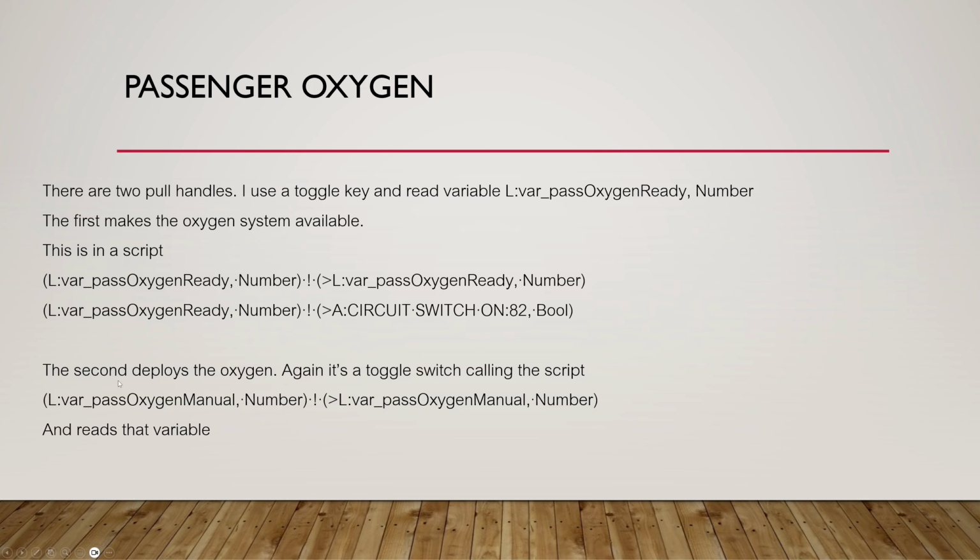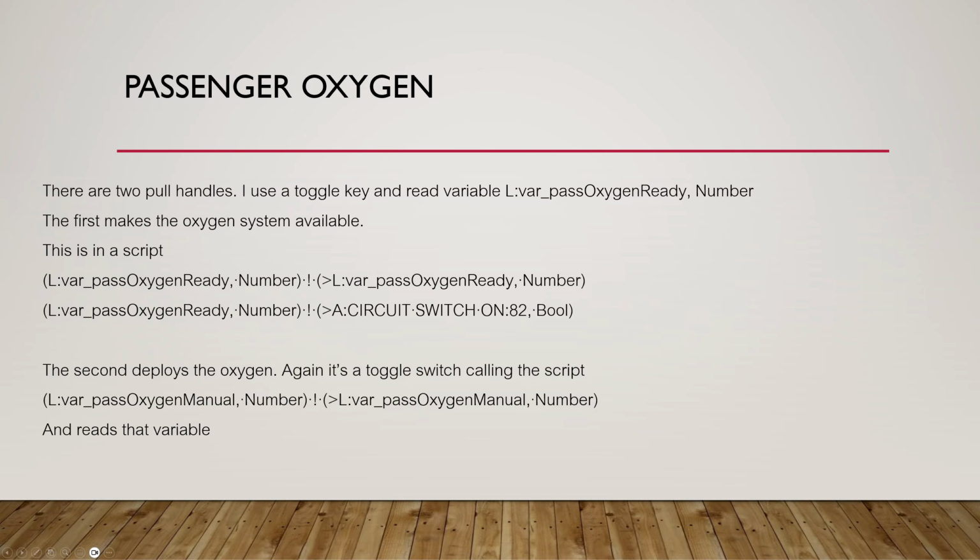And this is the deploying script, just another toggle. It's the passenger oxygen manual that gets inverted, and that's what makes the oxygen flow. We don't have to worry about the animation, that just happens straight away anyway.